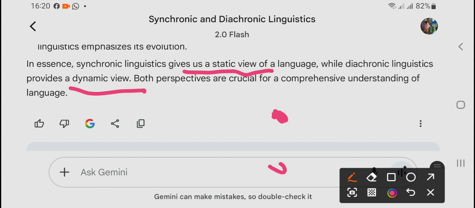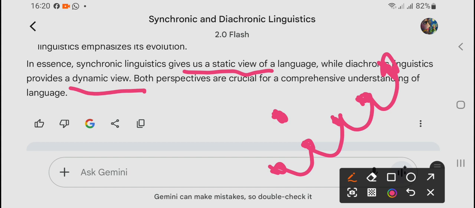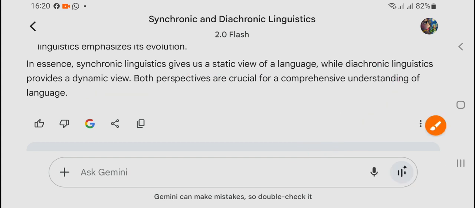Dynamic view means different stages, from here to here to here, up to modern. Both perspectives are crucial for a comprehensive understanding of language. So both are equally important.